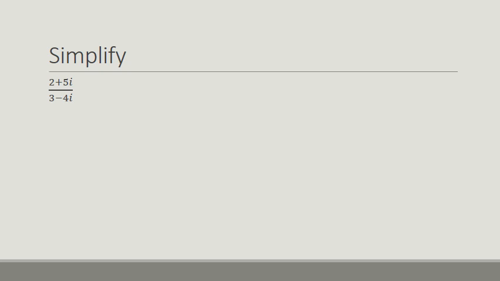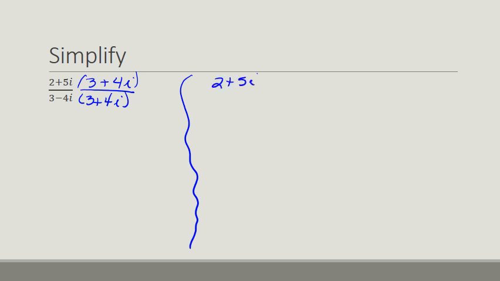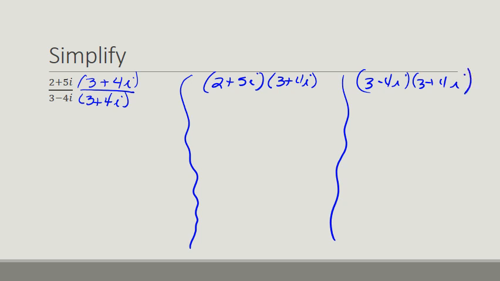Okay, now in this case, I've got binomials on both the top and the bottom. The bottom is where I can't have the i, so I'm going to multiply by the conjugate of the bottom, which is 3 plus 4i over 3 plus 4i. Again, I'm just going to do some scrap work. So 2 plus 5i times 3 plus 4i, and then I'm going to multiply 3 minus 4i and 3 plus 4i.